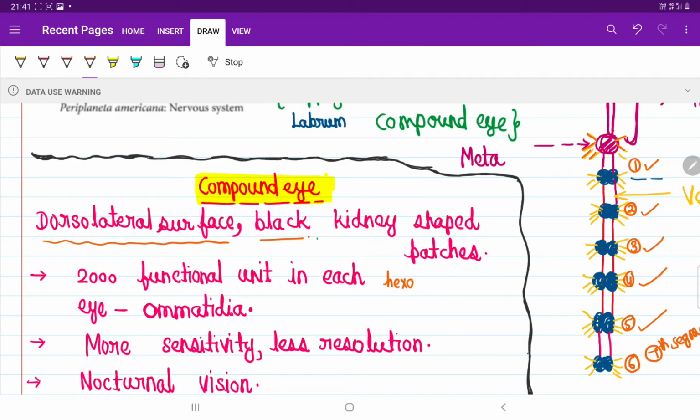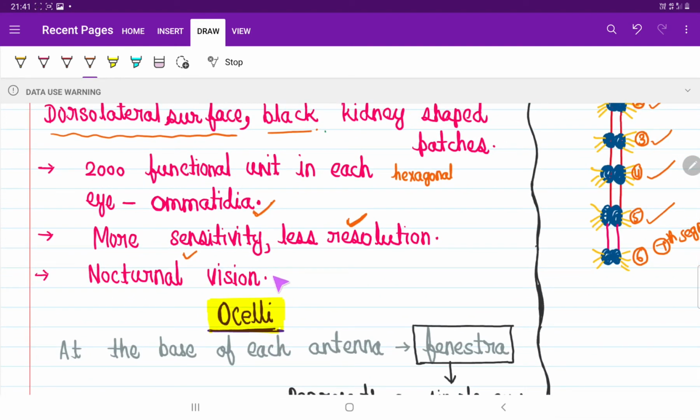Each unit is called an ommatidium. Each ommatidium has its own lens, right? The compound eye has more sensitivity and less resolution, and it has nocturnal vision. Clear? So what did we see, students? More sensitivity, less resolution, nocturnal vision, right?